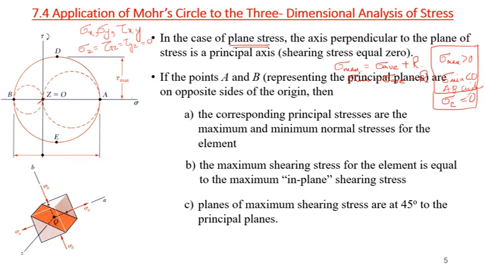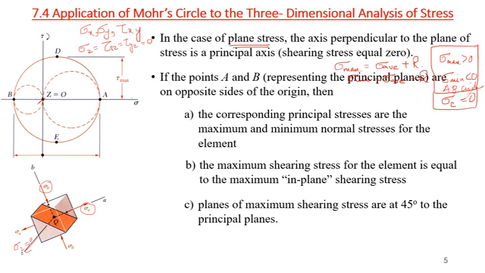It means that suppose we have sigma A, we have sigma B. Now sigma A is tensile, sigma B is compressive, whereas sigma C, that is along the z-axis, will be 0. So sigma Z is equal to 0. Now the maximum shear stress will be between the planes.